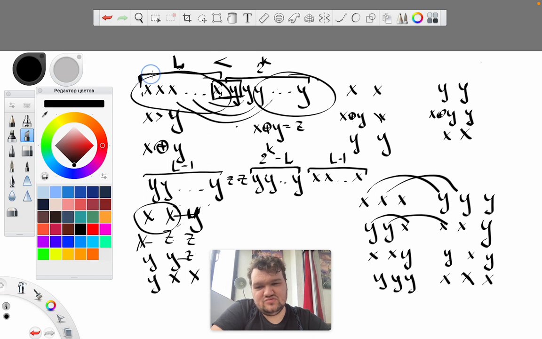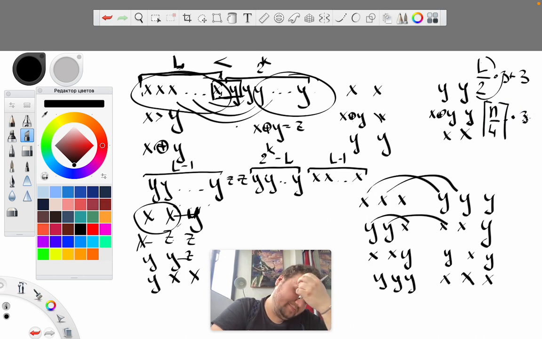So I need to move L of them to the suffix, so it will be L over 2 times 3 plus maybe another 3 to move one of them. And L is less than n over 2. So it's like n over 4, let's say round it up even, multiplied by 3, so it's less than n. Decent.